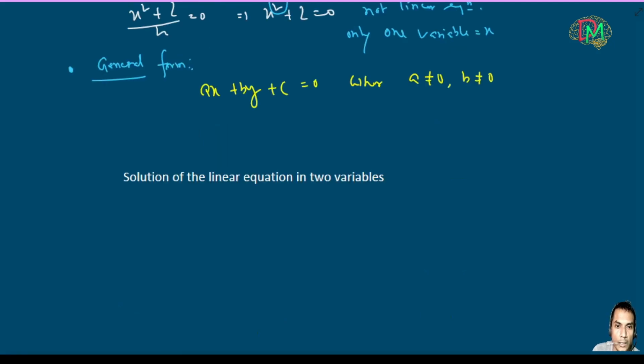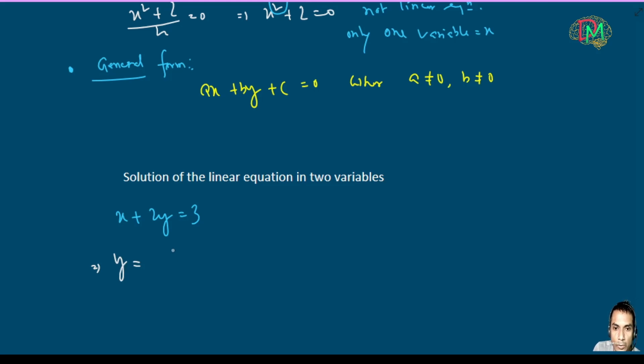Now we learn how to find the solution of a linear equation in two variables. Let's take one example: x plus 2y is equal to 3. How do we get the different solutions for x and y? For that, you have to simplify this.